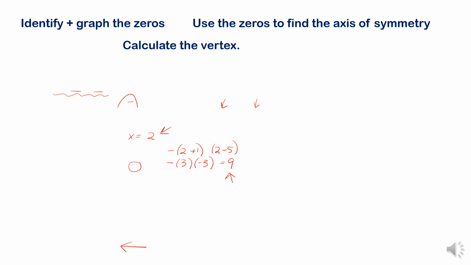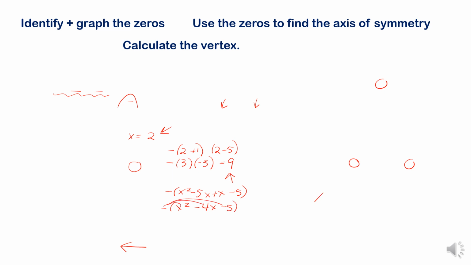Okay, so they gave me 3 points: 1, 2, 3. But I've always said that you should have 5 points. So what I'm going to do really quickly is take my equation, negative, and multiply the two factors out. I'm going to FOIL, so I get x squared minus 5x plus x minus 5, negative x squared minus 4x minus 5, and then I'm going to distribute the negative.